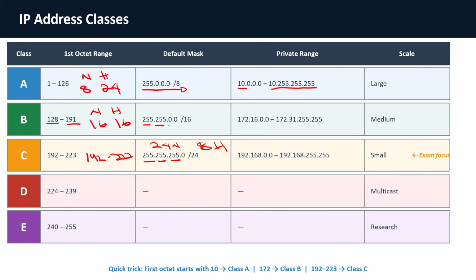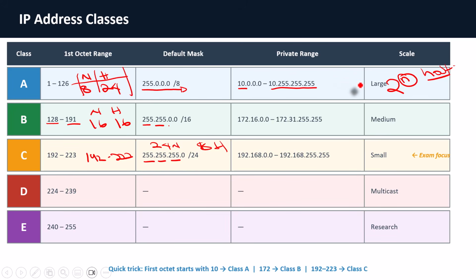But what I want you to understand is that on every class, we can determine the total number of host addresses, and we do that using the formula 2 to the power n, where n represents the number of host bits. That's why it's important to remember this table, where class A has 8 network bits and 24 host bits.